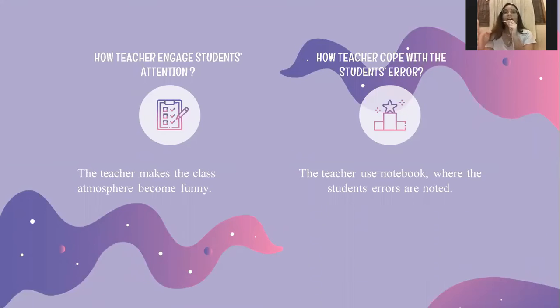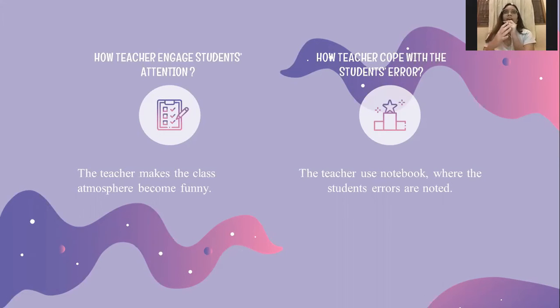So our interviewee, Miss P, makes a game to attract students' attention during the learning process, and if they behave well, they will be given a reward. But if they cannot follow it well, they will be given punishment, which is also called a reward.